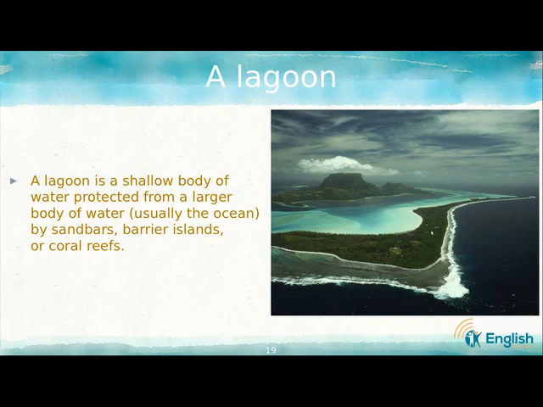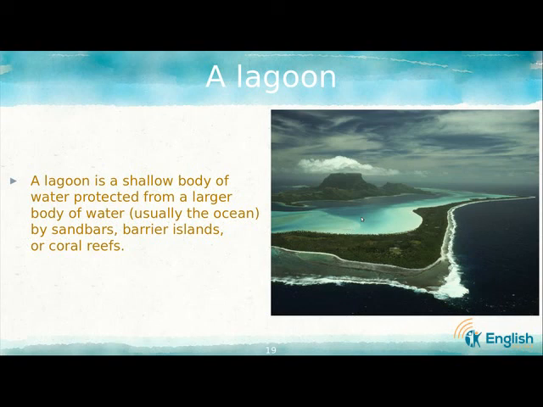Where is the lagoon? Yes, you're right, this is the lagoon. As you can see, it's protected by this island. It's called a barrier island. It works as a barrier that stands between the sea and the lagoon.